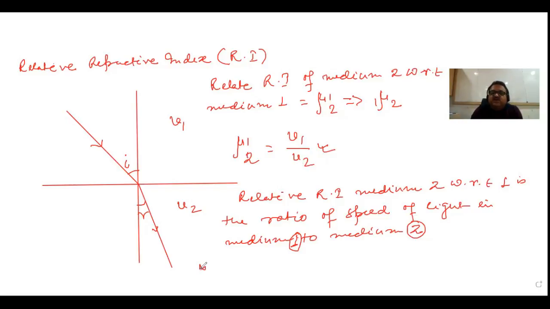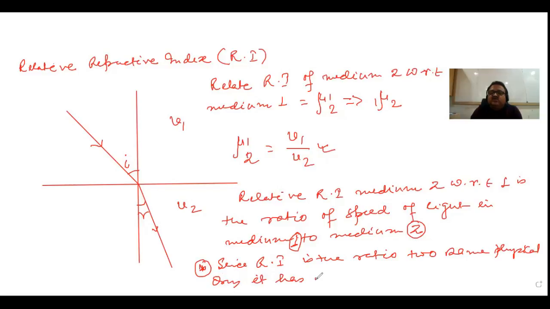So note this point, since refractive index is the ratio of two same physical quantity, it has no unit. Okay? Now, let me show you how to find out relative refractive index.